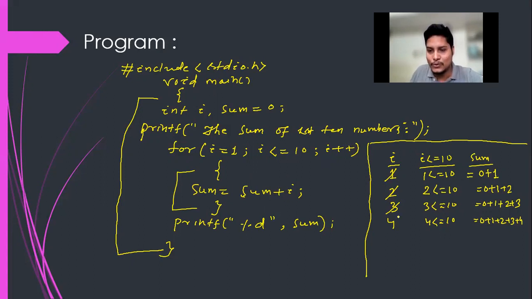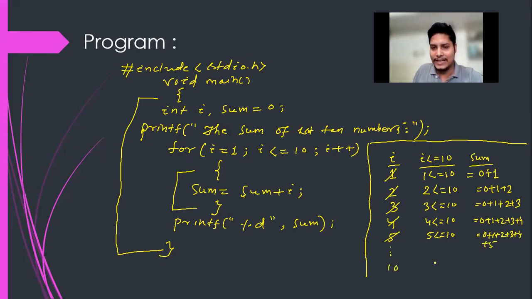So here 4 will be incremented and it will be 5. So 5 <= 10, yes. So sum will be sum plus i. Within the sum, 0 plus 1 plus 2 plus 3 plus 4 already exists, so plus 5. Okay. In this way, this will move to 10.